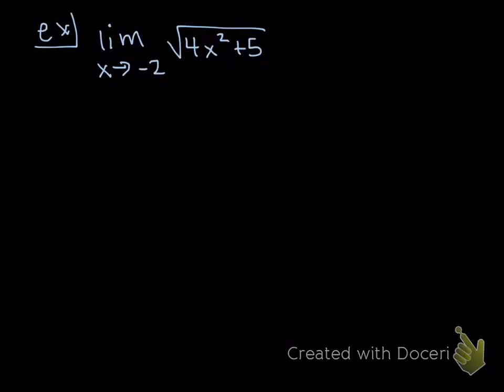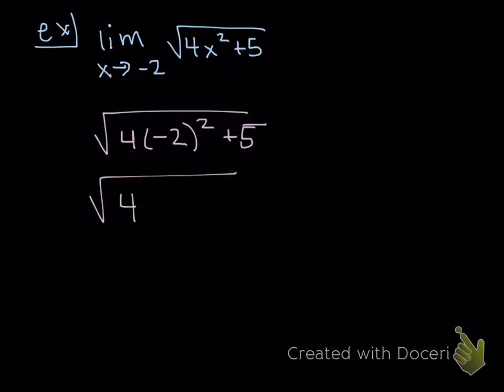So here, the limit as x approaches -2 of the square root of 4x squared plus 5. Again, we just plug in -2. I keep the square root. I have 4 times -2 squared plus 5. So I have 4 times 4.